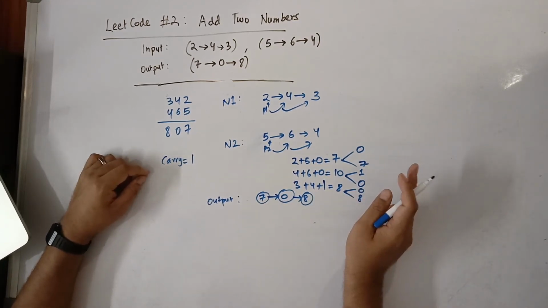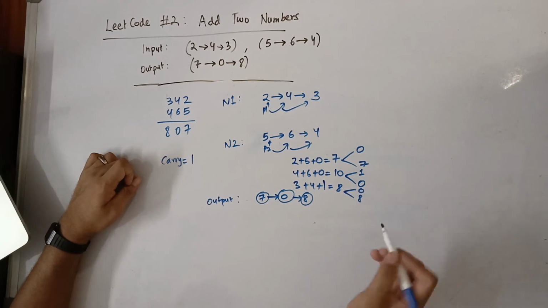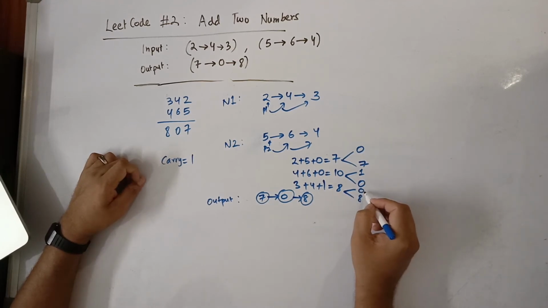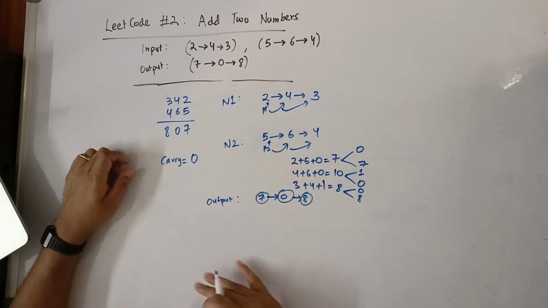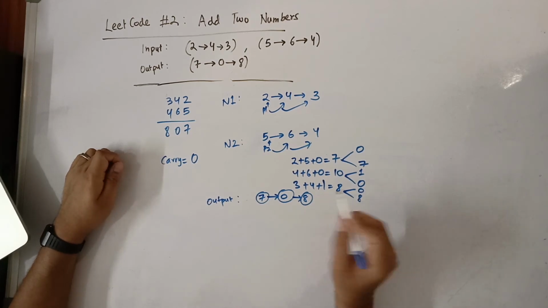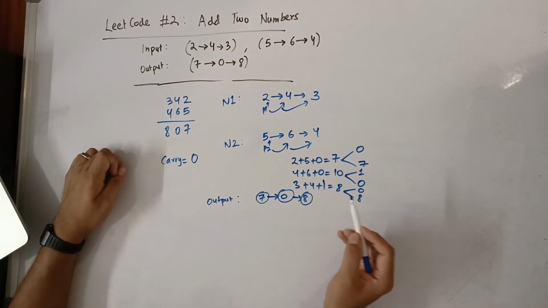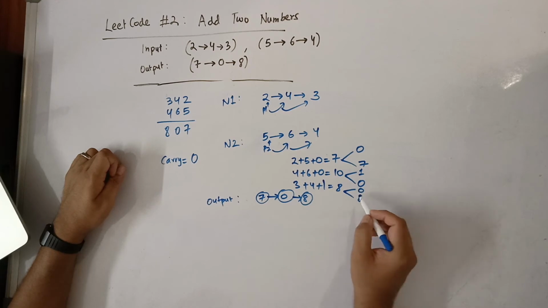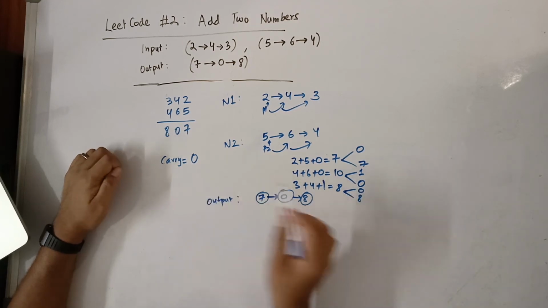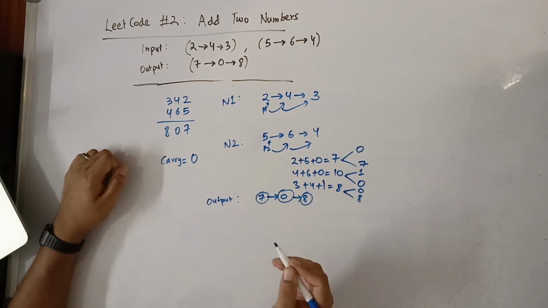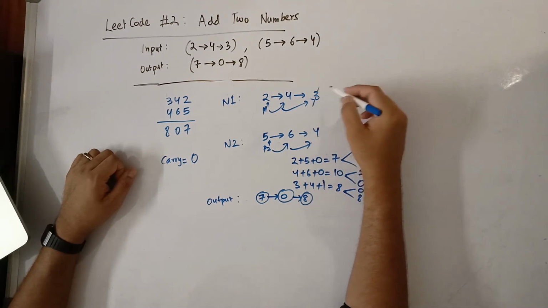Before we conclude this algorithm, we have to remember one thing. In the last step the carry becomes 0 in this case. But what if the last carry was not equal to 0? To give an example, instead of 3, suppose this number was 9.